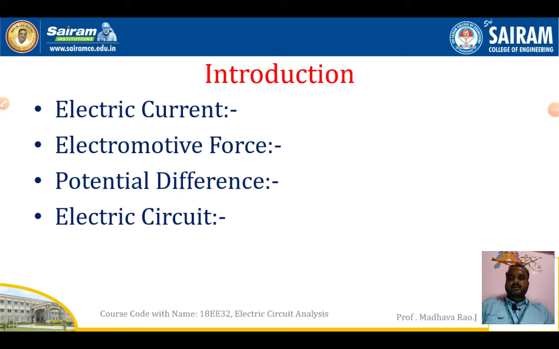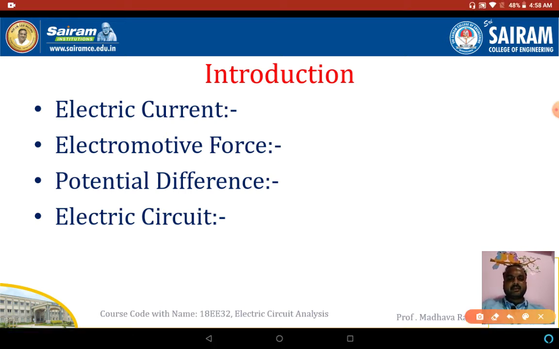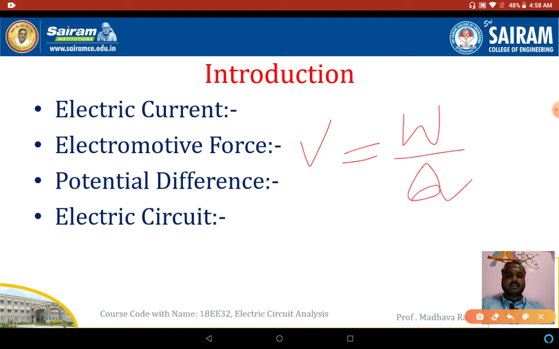Potential difference means the difference between the voltages at two ends of a conductor, a current carrying element. For potential difference we can write V is equal to W by Q, where W is energy and Q is charge.